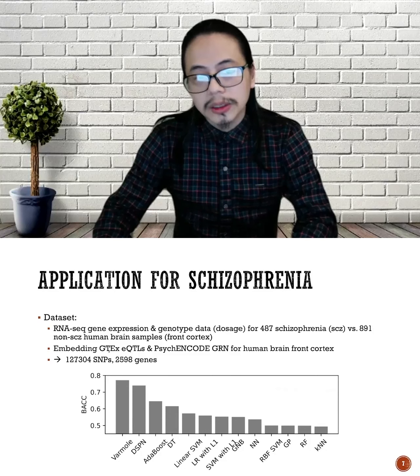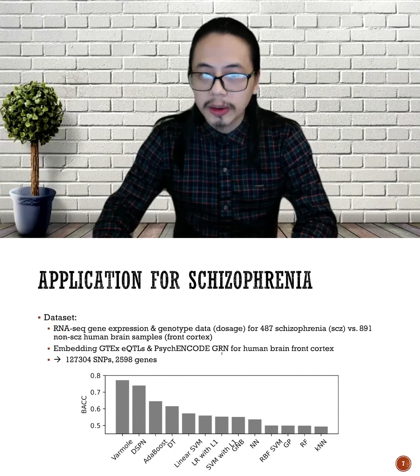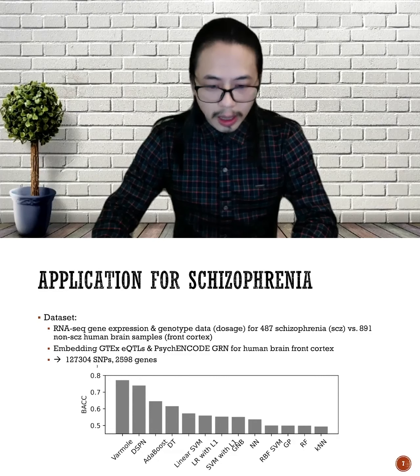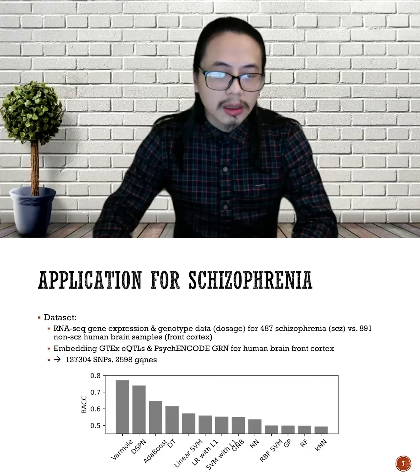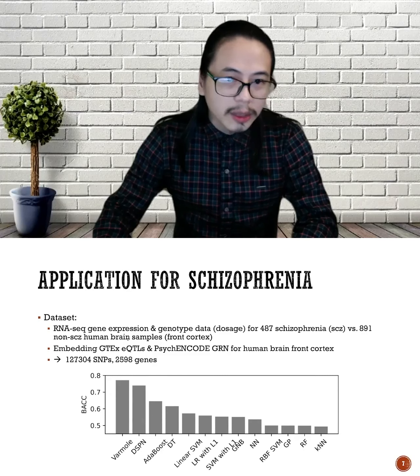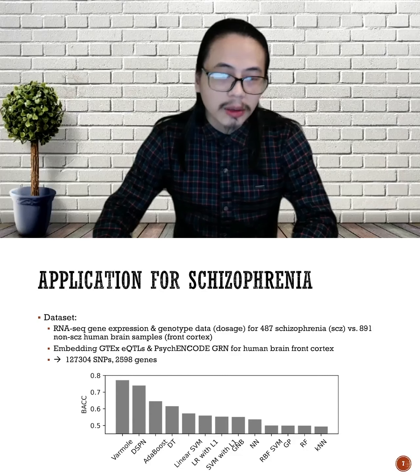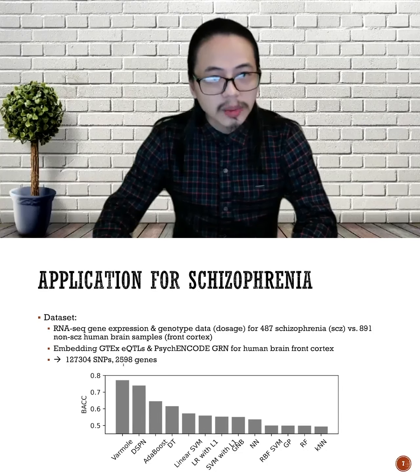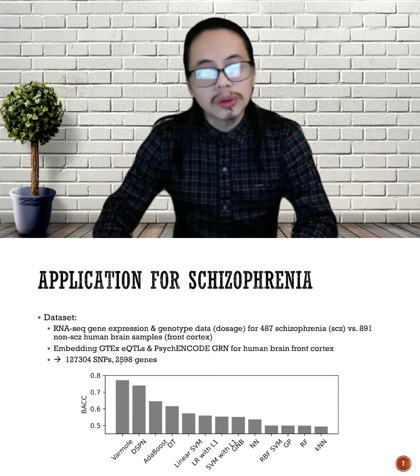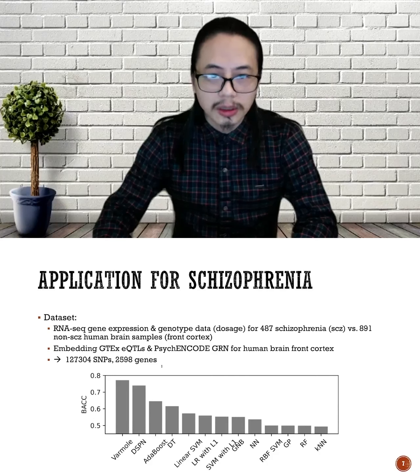embedded the GTEx eQTL and PsychENCODE gene regulatory network for the human brain frontal cortex. And after filtering out SNPs and genes that match those in the eQTL and GRN, we come up with about 100,000 SNPs and 2,500 genes.